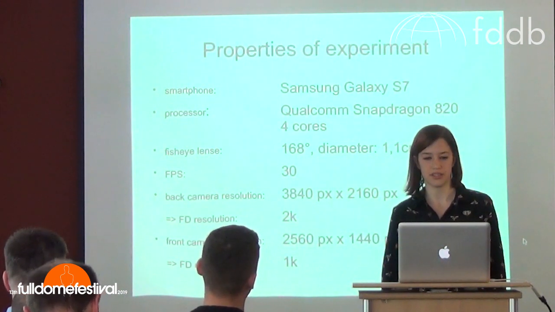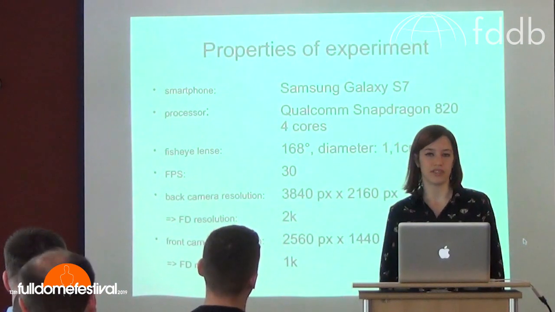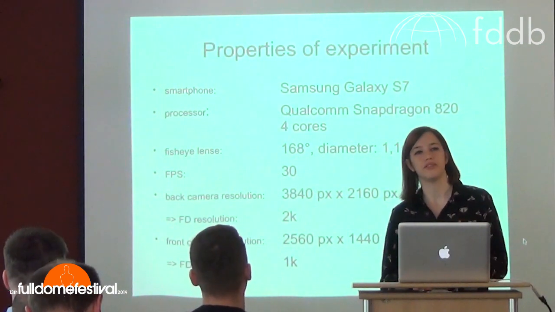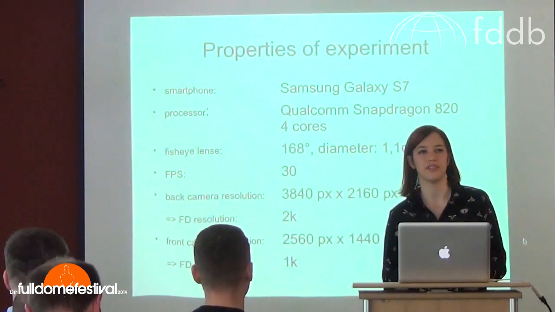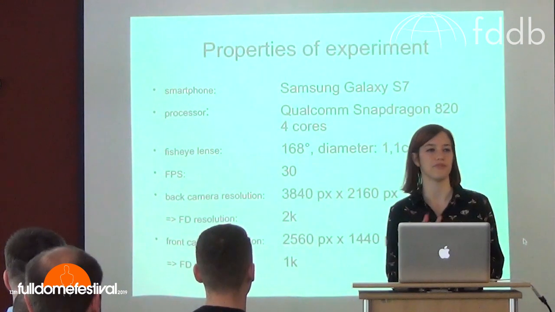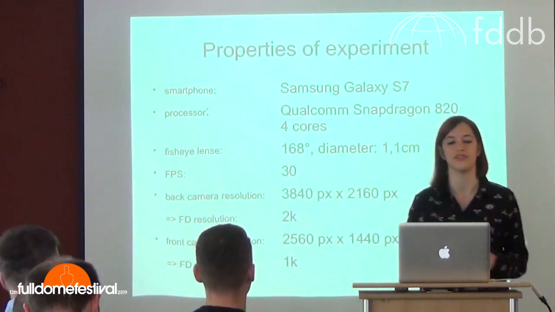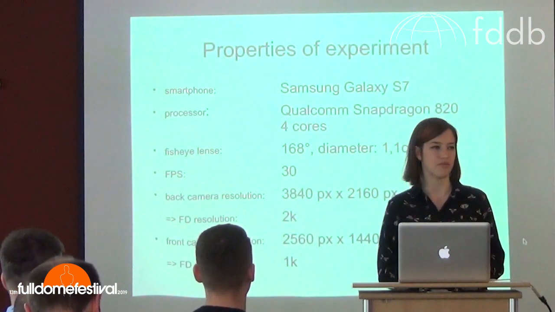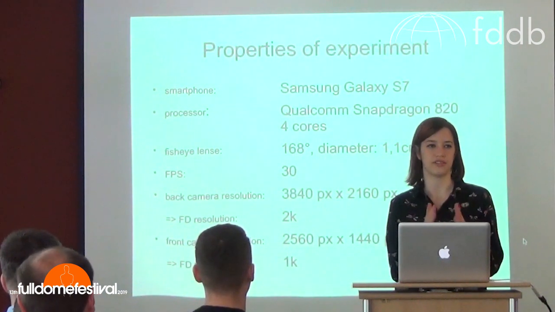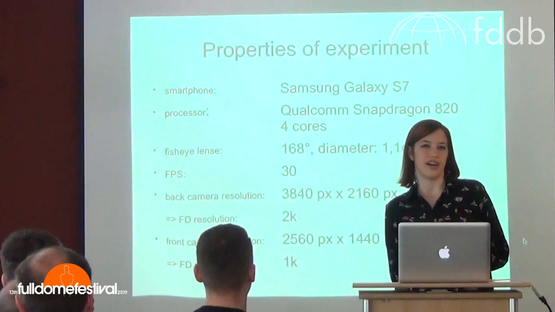What is important if you want to use a fisheye lens for your smartphone is that you have one that really fits the lens of your smartphone. Not for each phone will the same fisheye lens be the best one, so you really have to try out which one fits the diameter of your lens on the smartphone.